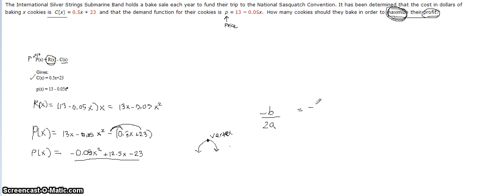So I will do negative 12.5 all over 2 times a, and a is negative 0.05. As I put that in my calculator, I am going to get the answer of 125. 125 cookies will maximize my profit.